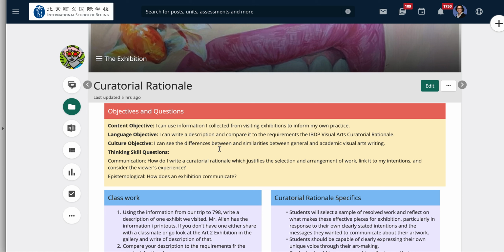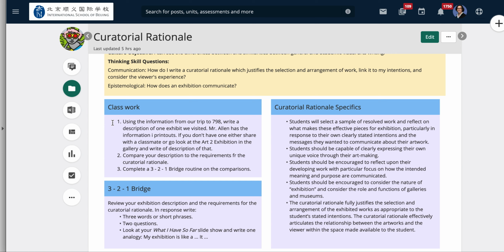All right, so here is the synopsis of what's happening today. Using the information from our trip to 798, write a description of one exhibit we visited. Mr. Allen has the information in printouts. If you don't have one, either share with a classmate or go look at the Art 2 exhibition in the gallery and write a description of that.